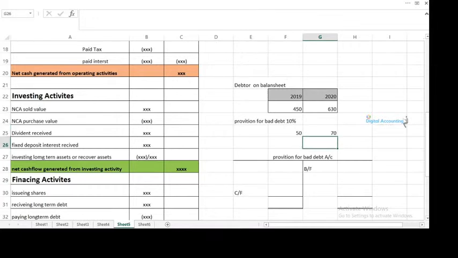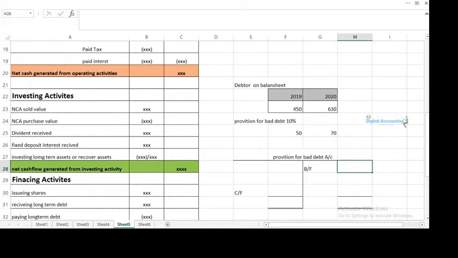So here two terms we need to use: how much the expenses for the year of bad debt, how much in the income statements we need to deduct as expenses, right? We need to understand, right? Therefore this initial value we should know. So therefore we need to find the value of the provisions for the bad debt.